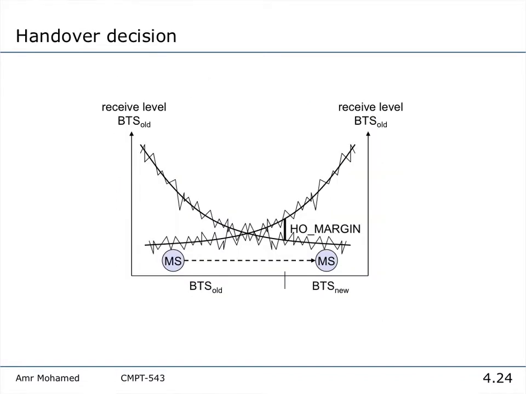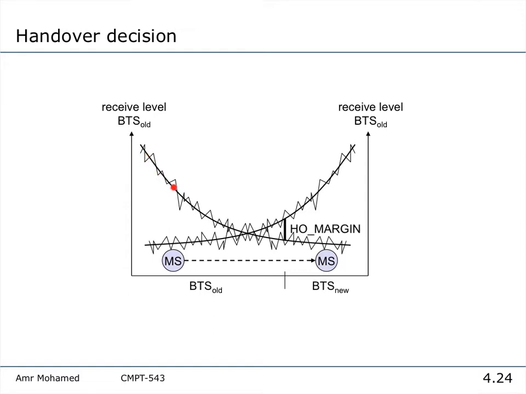Depending on this handover, the way to decide on it is usually by performing certain measurements of the channel at the old base transceiver station and the new one. Usually each BTS will perform real-time measurement of the channel to the different mobile stations.